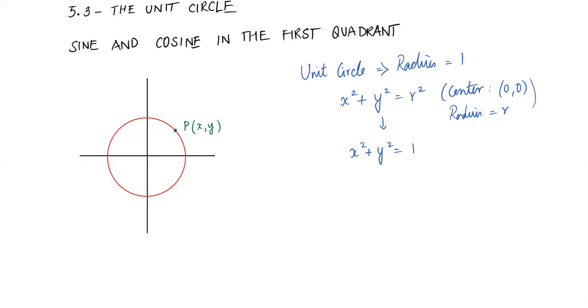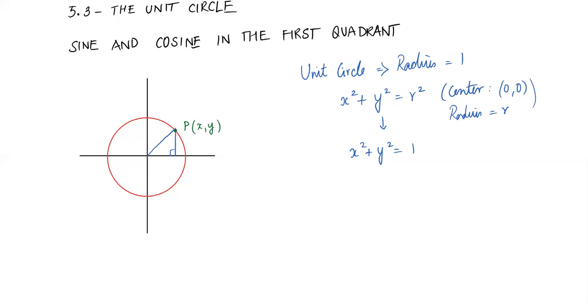And what we do here is we try to construct a right triangle. A right triangle is when you have a 90-degree angle in your triangle, right? And this triangle is formed by touching the point P of interest.